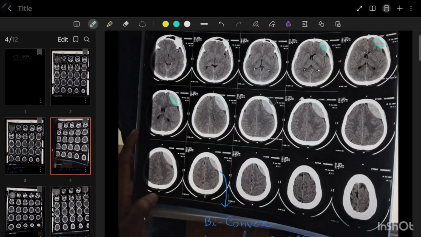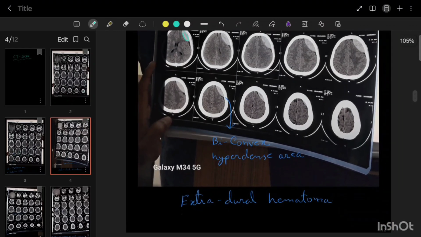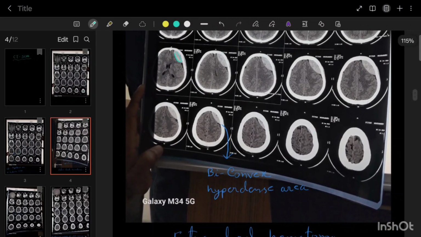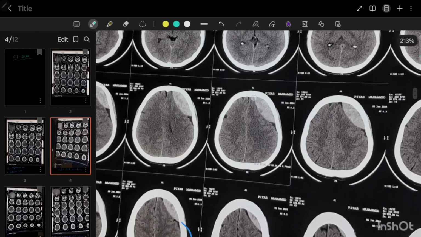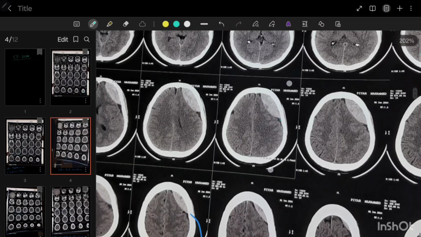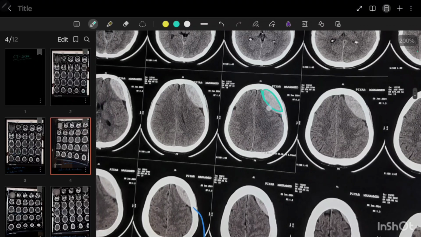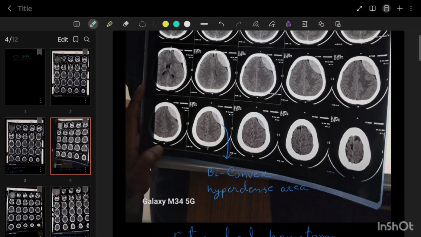So the left sided biconvex hyperdense area means it is an extradural hematoma. A significant feature of extradural hematoma is the biconvexity, and if you see carefully there is a thin hypodense area which denotes the edema, meaning the hematoma is encircled by the edema, which signifies an extradural hematoma.